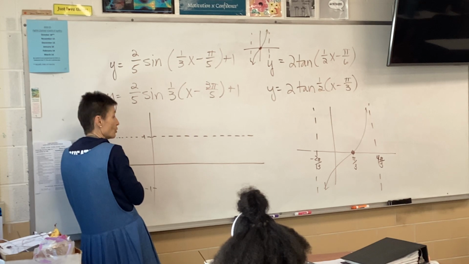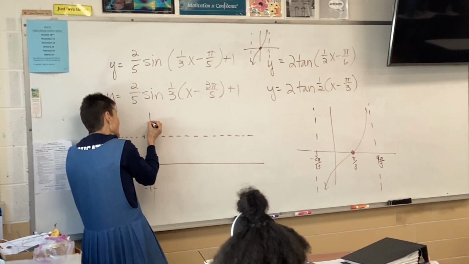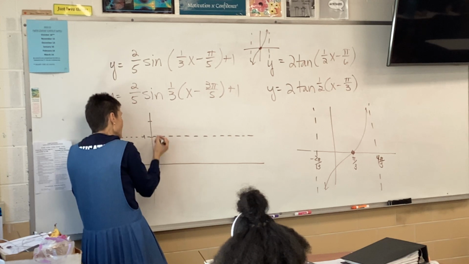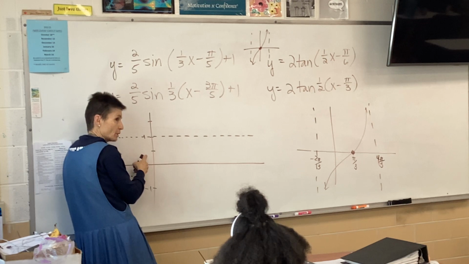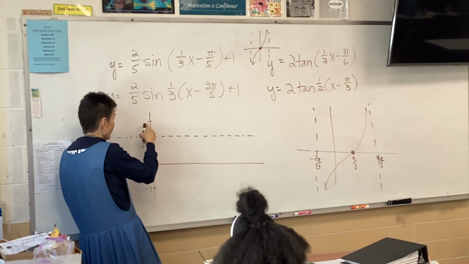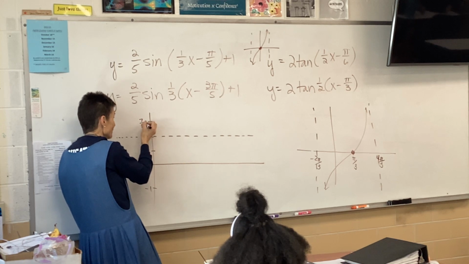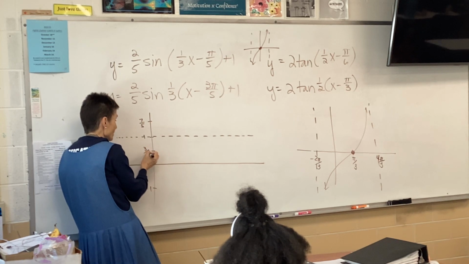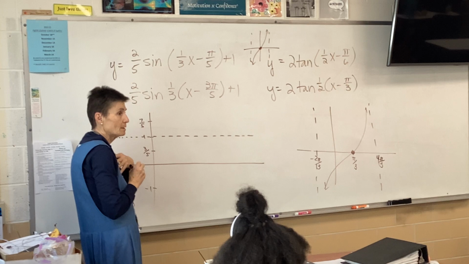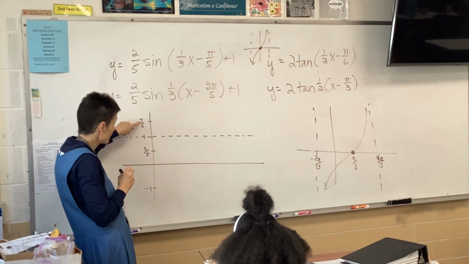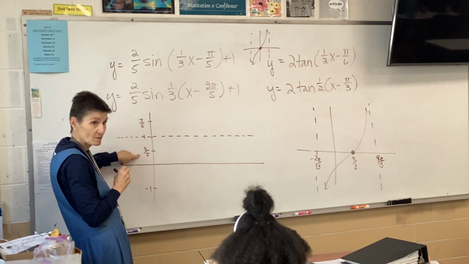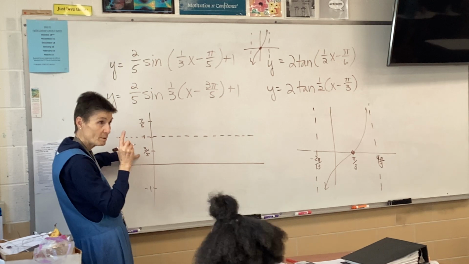Now, the amplitude of the curve, this is 1 now. The amplitude of the curve is 2/5. So be careful. You're going to go up and down 2/5. But these labels aren't going to be 2/5, are they? This is going to be 7/5, and this is going to be 3/5, because 1 plus 2/5, 1 minus 2/5. Are you with me?